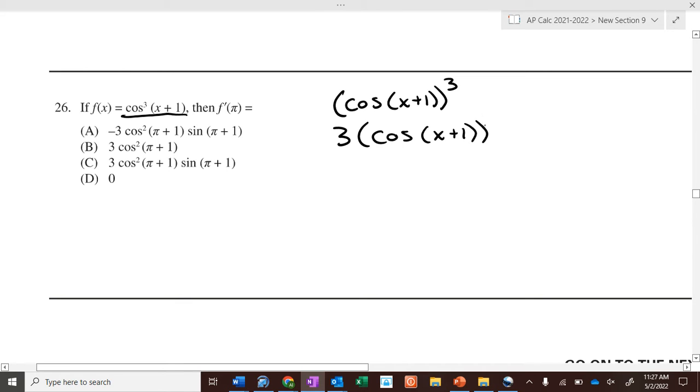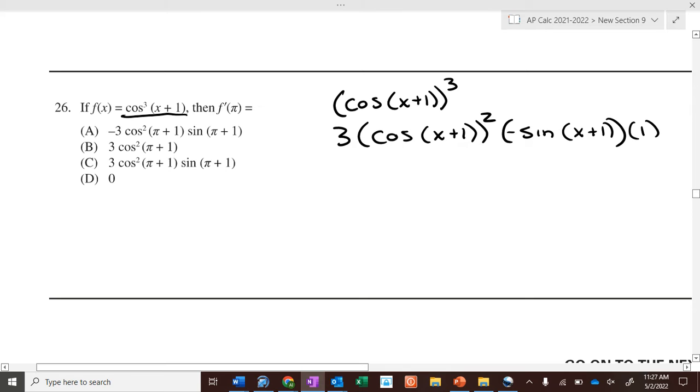Chain rule. All right. So 3 cosine of x plus 1, quantity squared, times the first derivative of the inside. First derivative of the cosine of x plus 1 is negative sine of x plus 1, times the first derivative of x plus 1, which is 1.